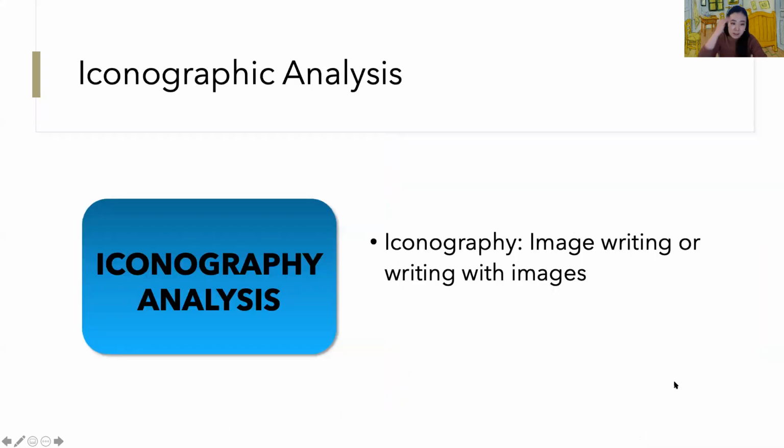And the next type of analysis is iconographic analysis. Iconography examines the visual ideas, visual images, and the symbols used in a work of art, and leads to an interpretation of the work's meaning.